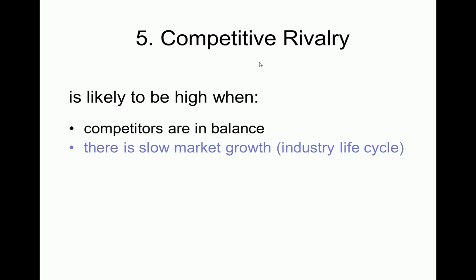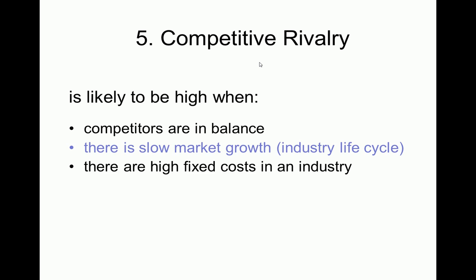With slow market growth, and UK groceries is a good example, the market doesn't grow much more than 3% because there's a limit to how much more we can eat every year, then that gives even more rivalry, because what growth there is, they all want to gain at the cost of the other competitors.